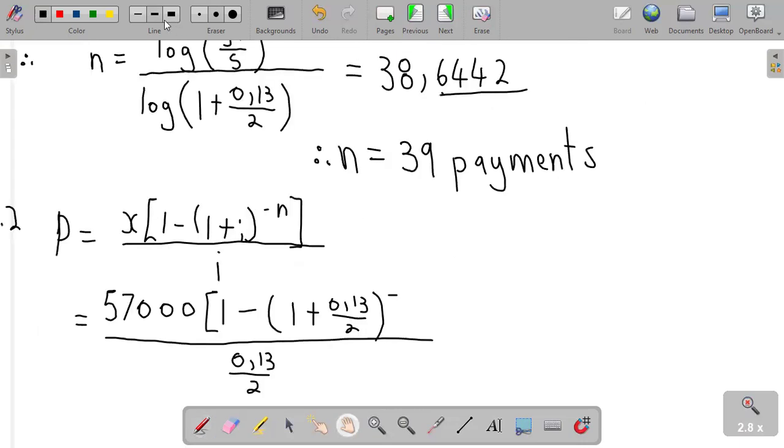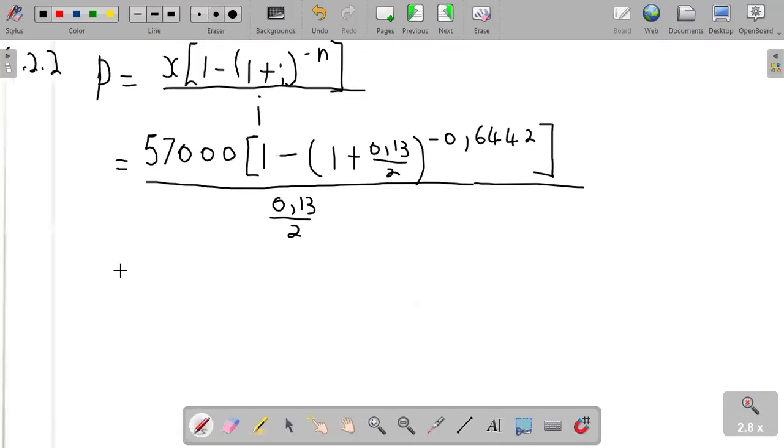Negative 0.6442. And then we get the outstanding balance, we get the present value of the loan.